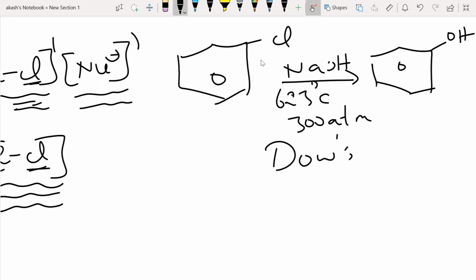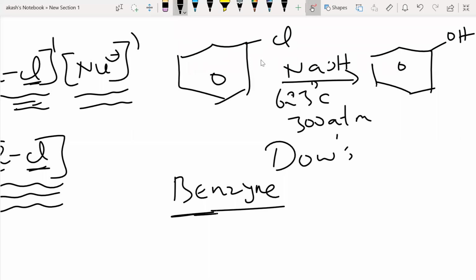It is neither going to follow SN1 nor SN2. Now, how do I come up with a mechanism for this? The mechanism proposed is what is called the benzyne mechanism. The benzyne is actually an intermediate, just like carbocations, carbanions.